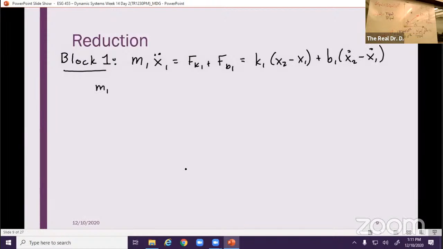I can do a little bit of algebra. Just rearranged into an input output equation, right? Inputs on one side, outputs on the other.